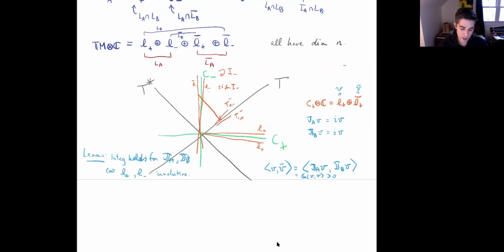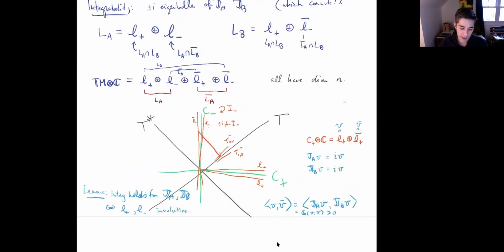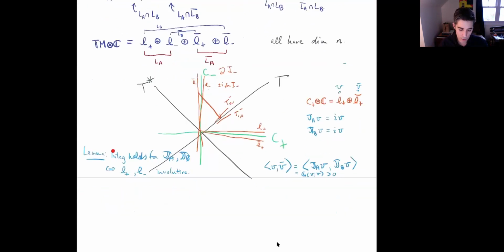Some directions here are obvious. For example, if we know that L_A is closed under the Courant bracket, and if we know that L_B is closed under the Courant bracket, then their intersection, namely L plus, should be integrable for the Courant bracket. And the same thing goes for L minus. So going from here to here is obvious. Going backwards just requires a little bit of the axioms of Courant algebroids, but it's pretty straightforward.